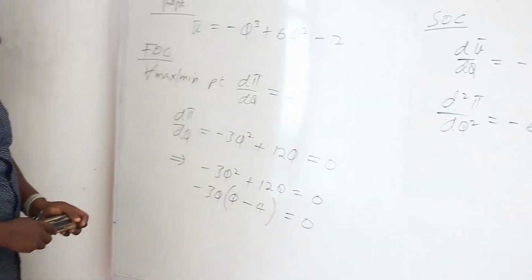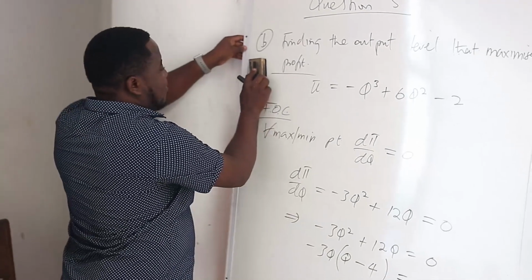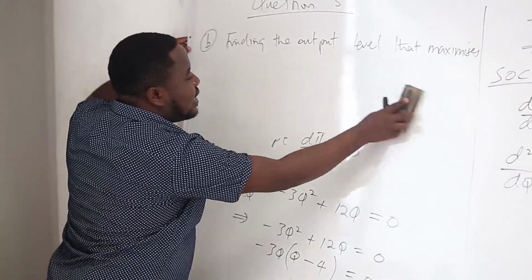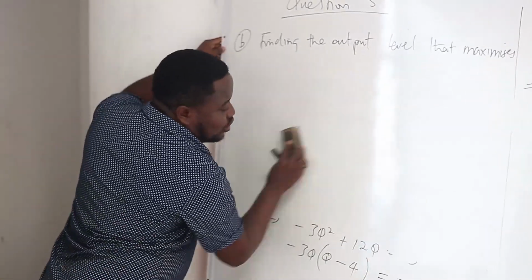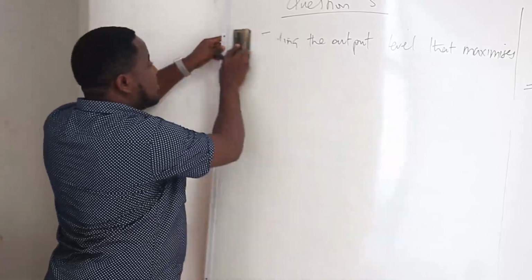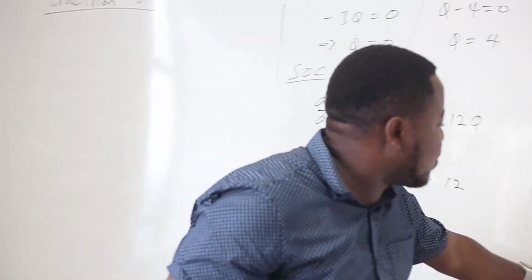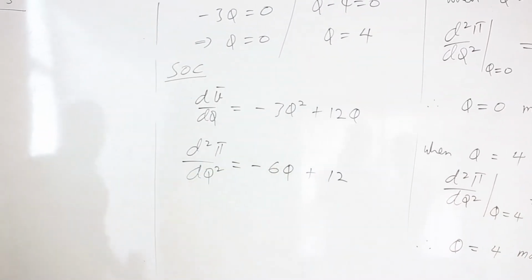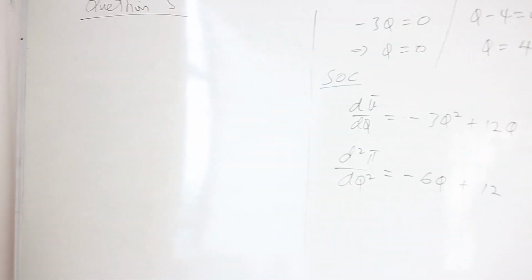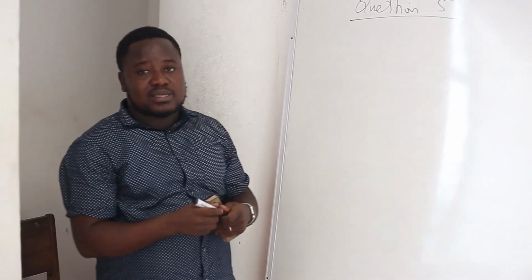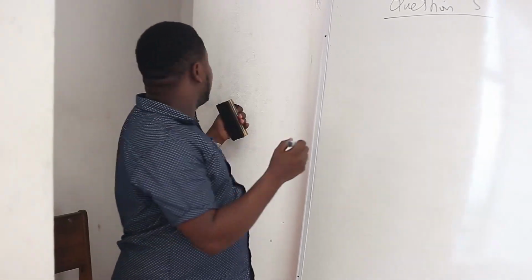Remember when we did the first part of the question, we were able to write P in terms of quantities. So all that we have to do is substitute the profit maximizing level of output, which is Q equal to 4, into equation 1 to find the price that maximizes profits.